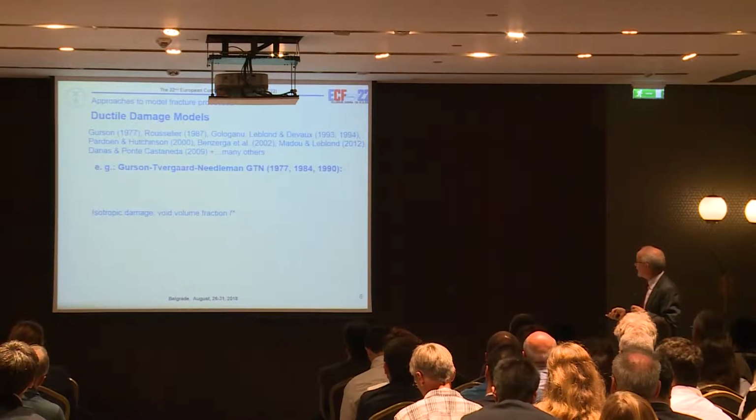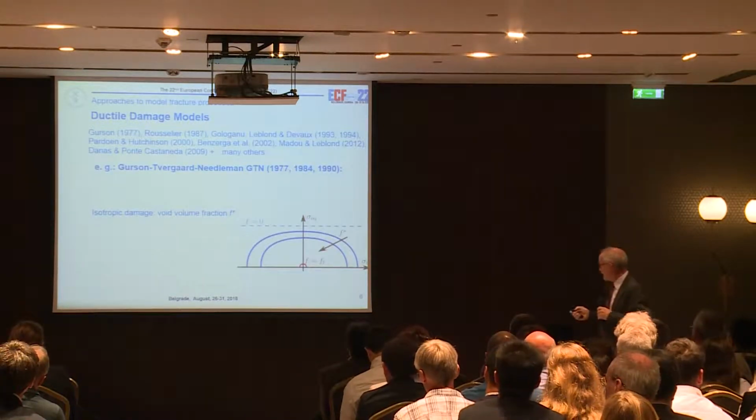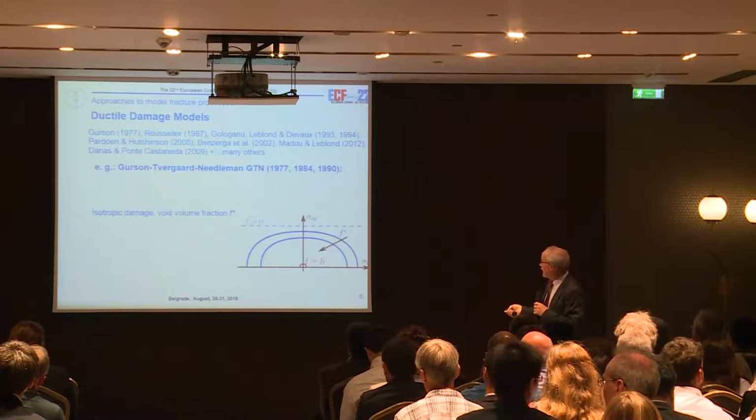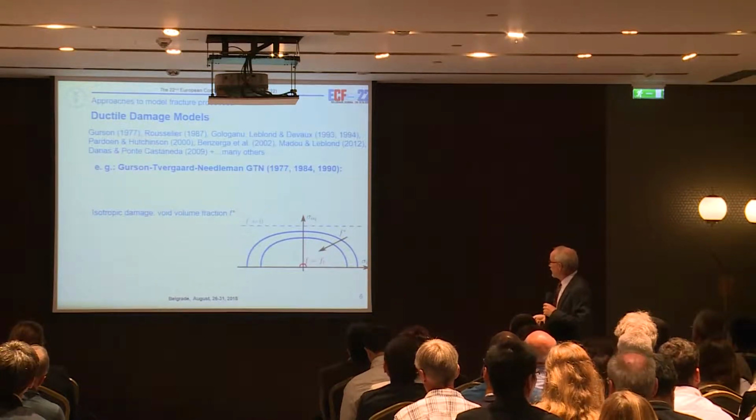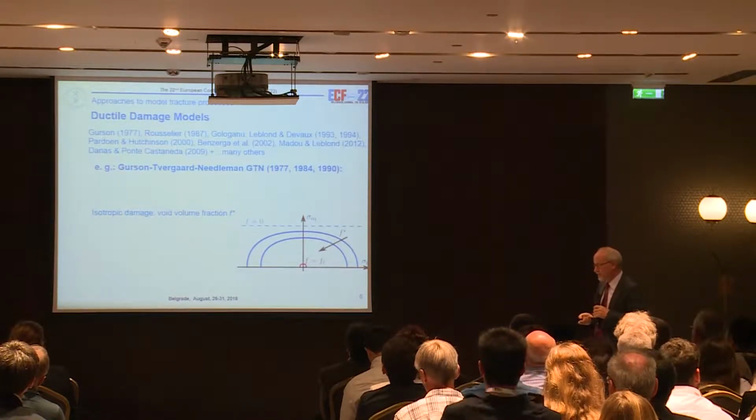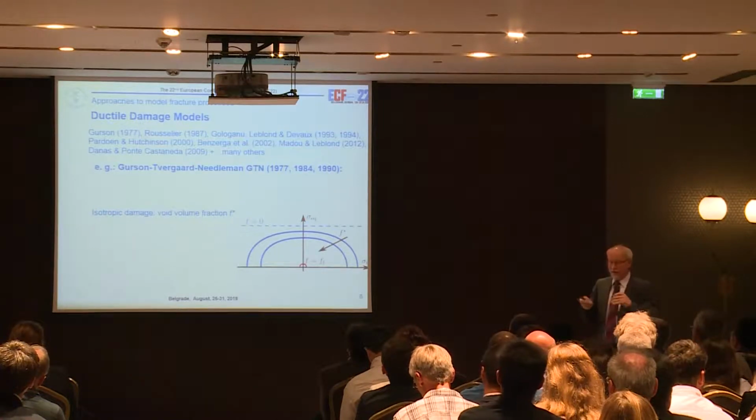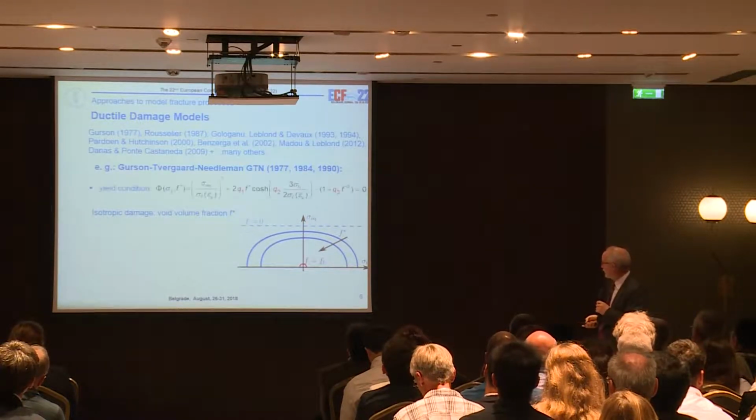I will, as an example, go a little into detail on the well-known and well-established Gurson model in its extension by Tvergaard and Needleman. It's, I think, not new to most of you.